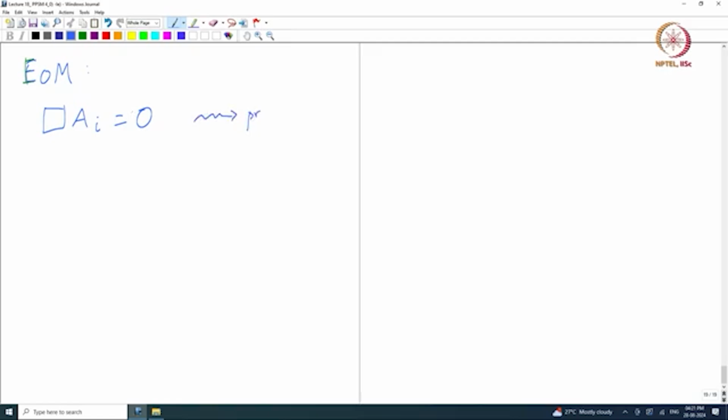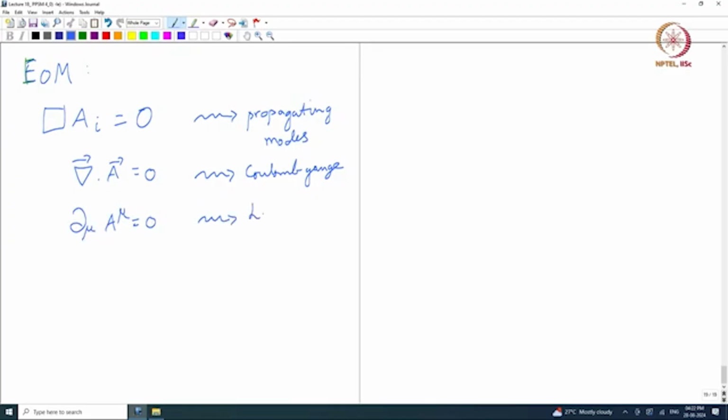That is my propagating modes, and then of course if I write that I have to write the other conditions that I imposed. This is the Coulomb gauge. What else? We had the Lorentz gauge condition also, right? That is the Lorentz gauge condition.